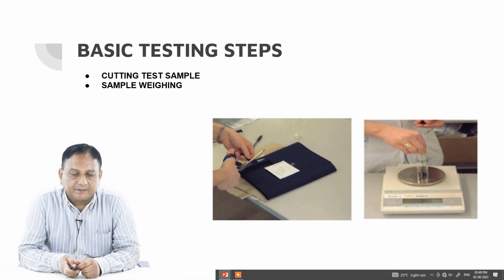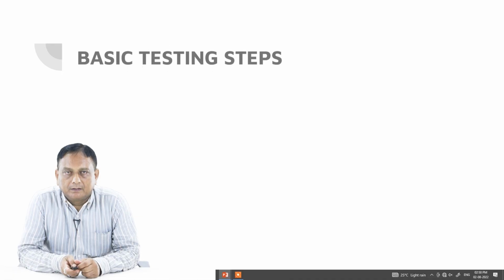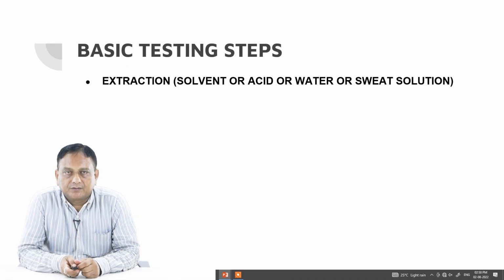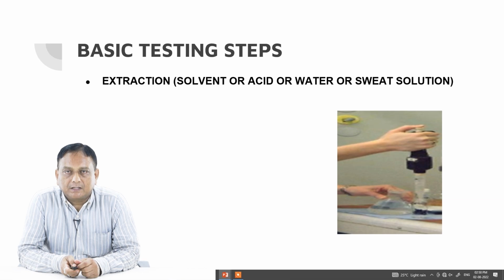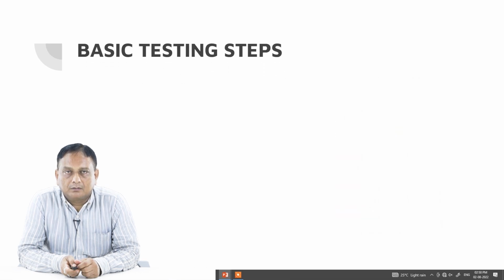A very accurate balance will be required for that purpose. Then the testing steps also talk about extraction with a solvent or acid or water or sweat solutions. These are the basic testing steps which are to be followed while we are doing the testing of restricted substances.